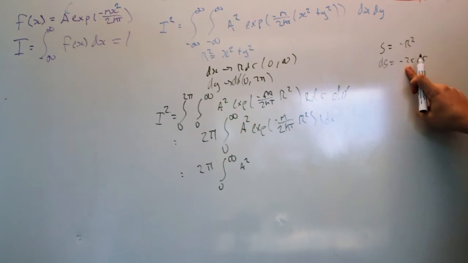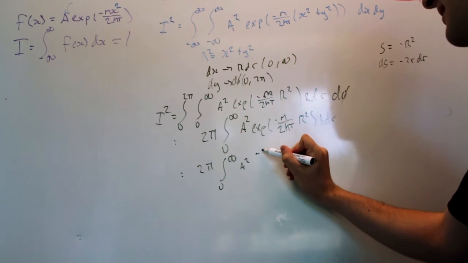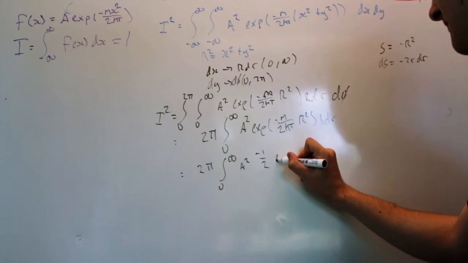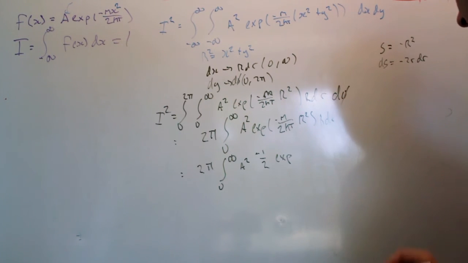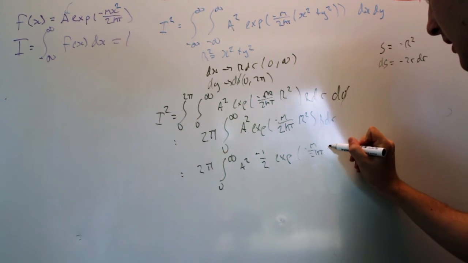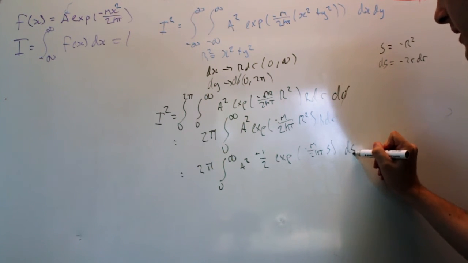Because we've set this negative 2r, we need a minus half here, and then just our exponential again, negative m on 2kT, just s now, and this is all ds.